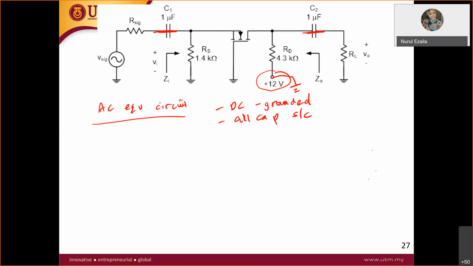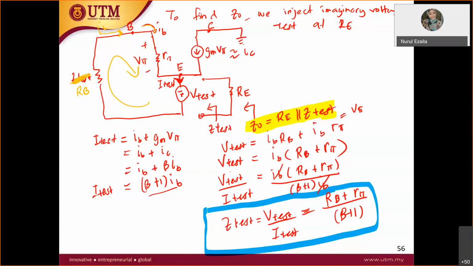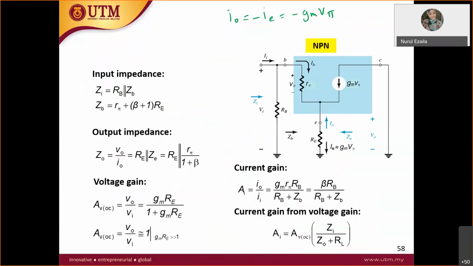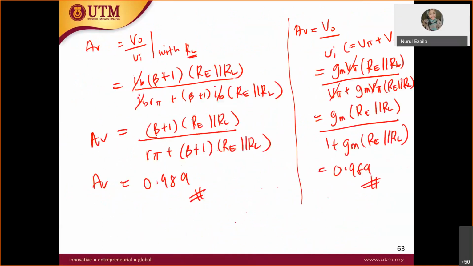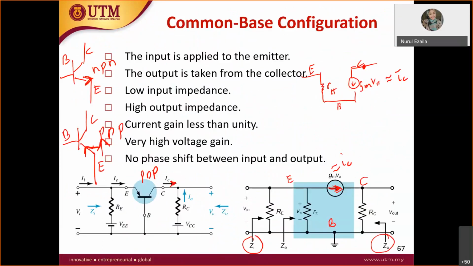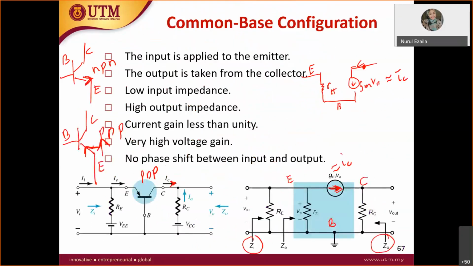That's why I said today's class is quite slow, because I want to show you what you have done for BJT. If you still remember, we have derived the common base. This is how it looks. For the common base, you have base to the ground.